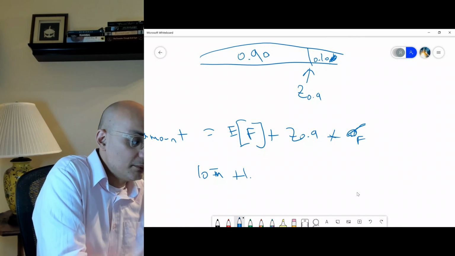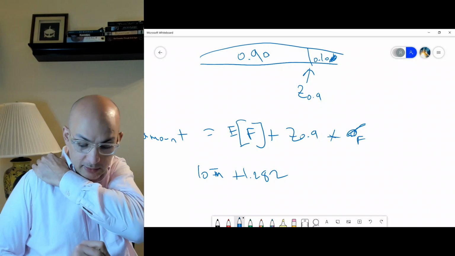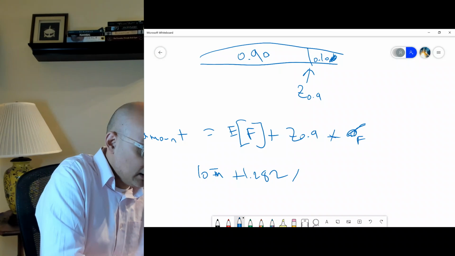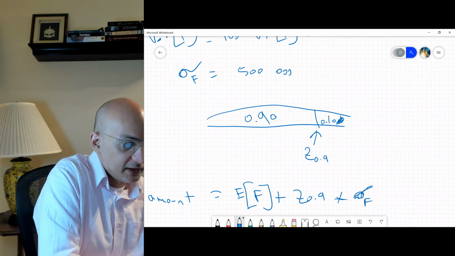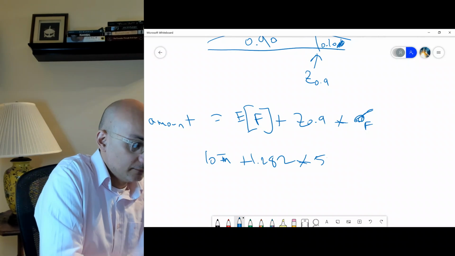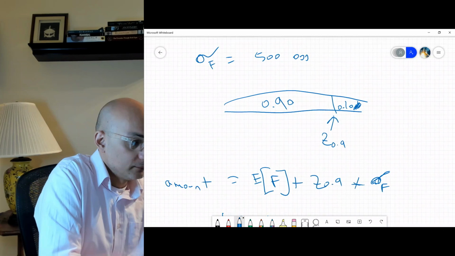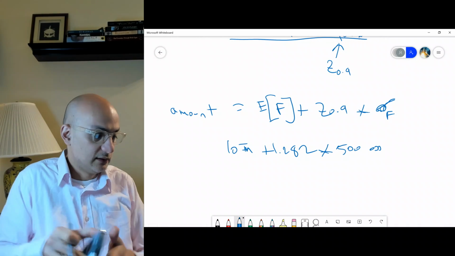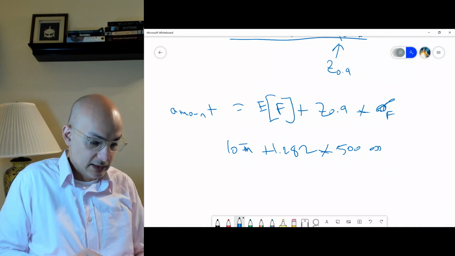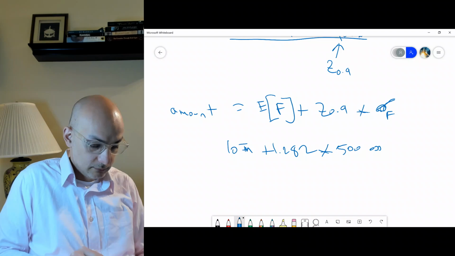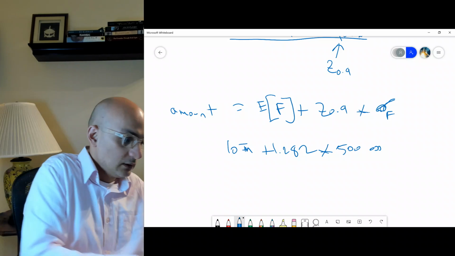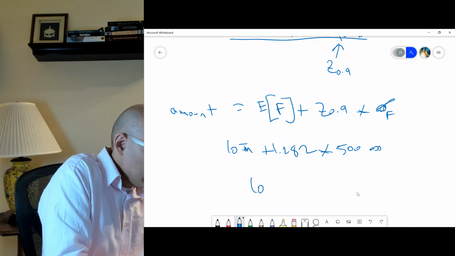This will be 1.282, right? And then you need to multiply it by the standard deviation, which is 500,000. Okay. If you do that, multiply by 1.282 plus 10 million, you will get 10,641,000.